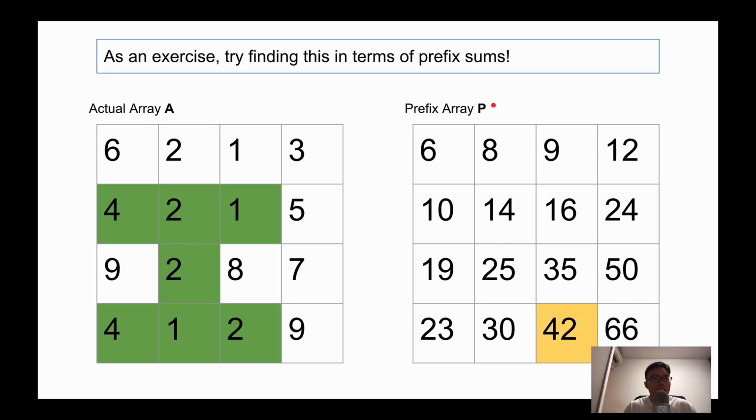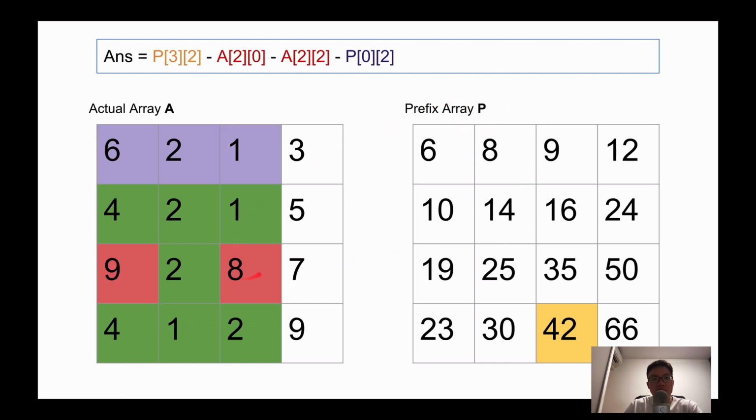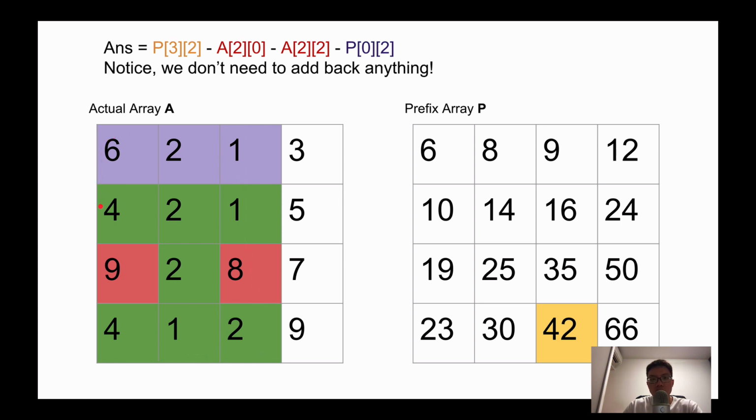So let's have one more exercise in trying to find this hourglass in terms of prefix sums using the array P. The answer for this is pretty simple. First we use 42, P32, which will give us the sum of the elements of this entire rectangle, which is also more than what we need.